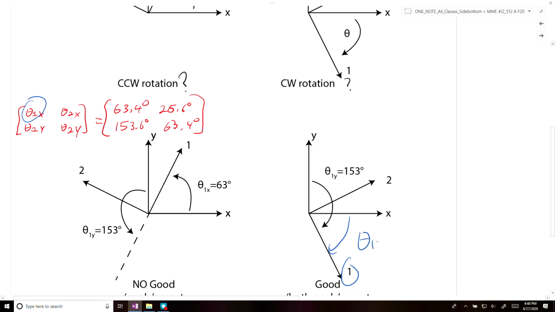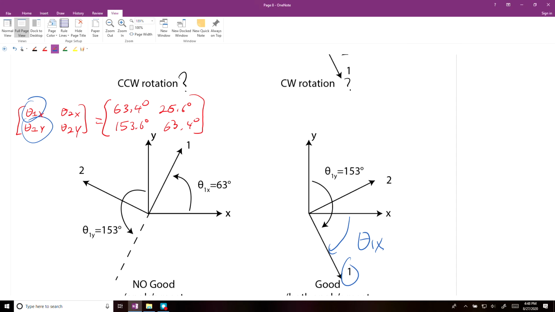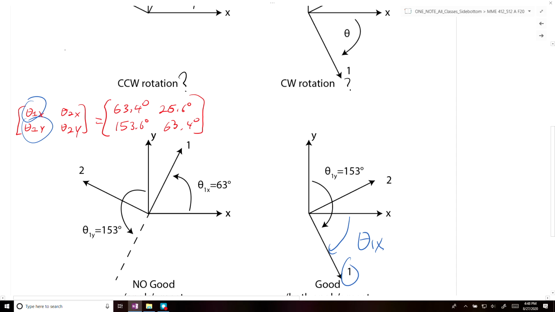And theta 1y represents the angle between our first principal axis and the original y-axis.